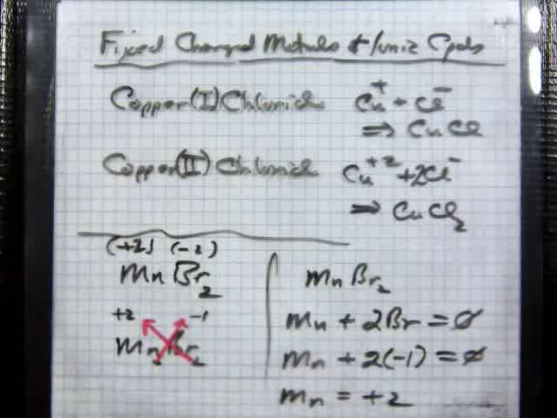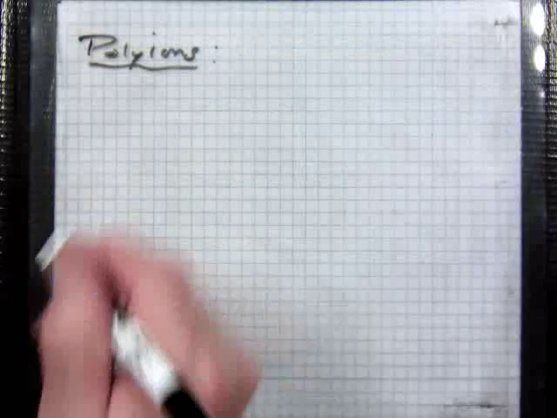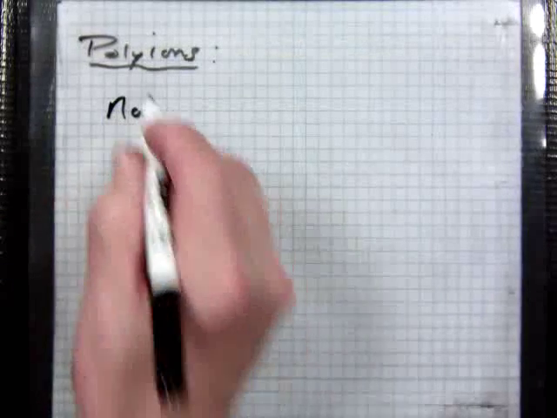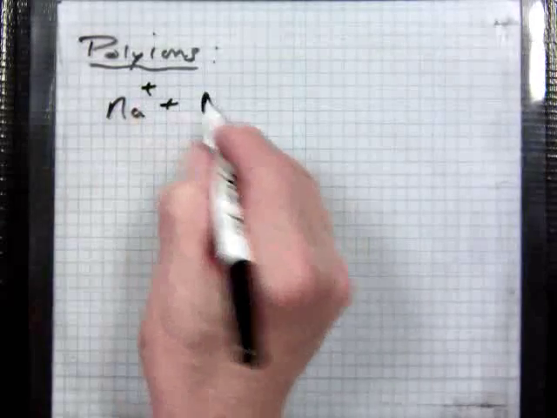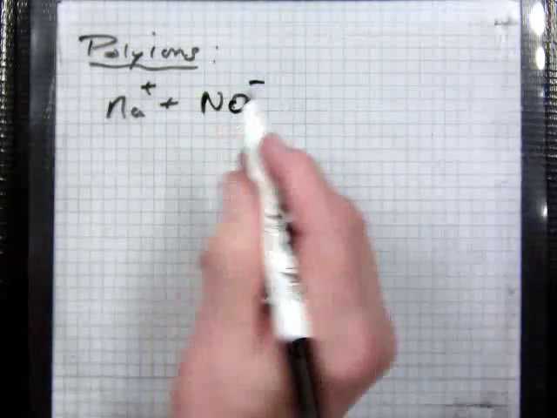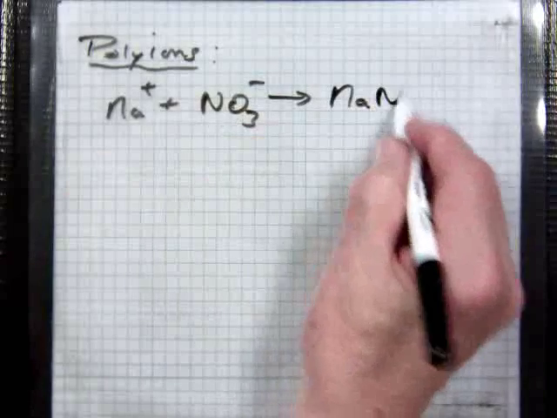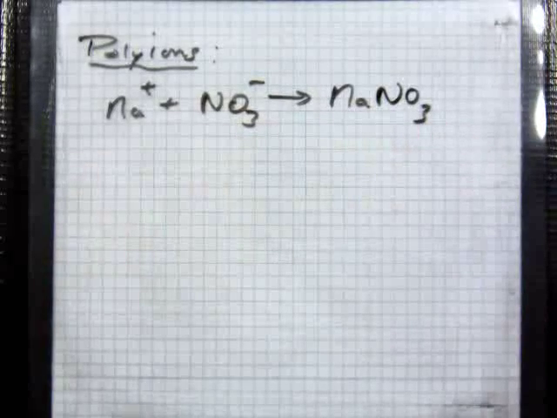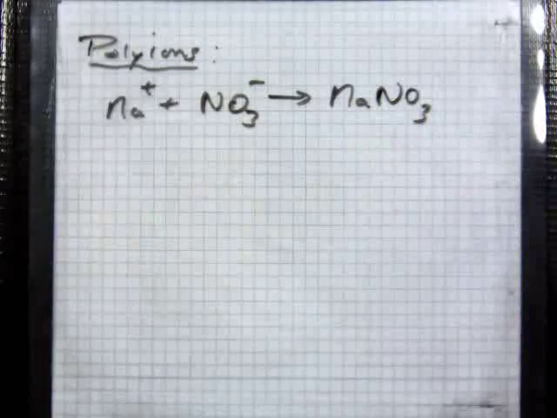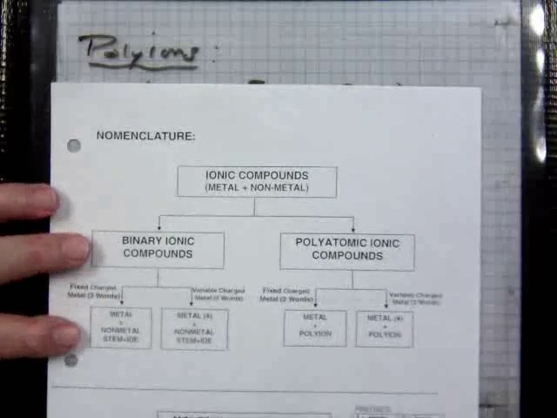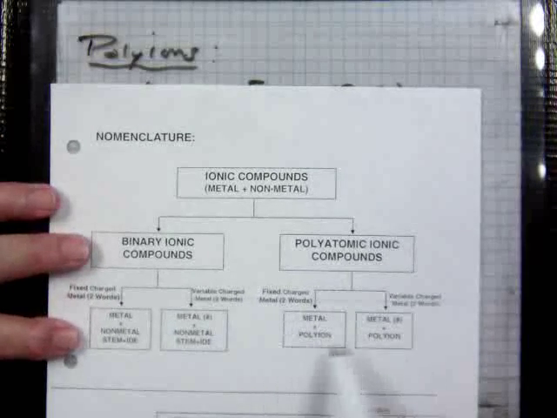Well, it's also true for polyions when you deal with that. Okay, so if you're working with polyions, you have a Na plus and a NO3 minus. Well, you put them together as we've shown you earlier, NaNO3. Well, what does the rule say? If you're working with polyatomics, there are 2 issues, and they use the same idea.